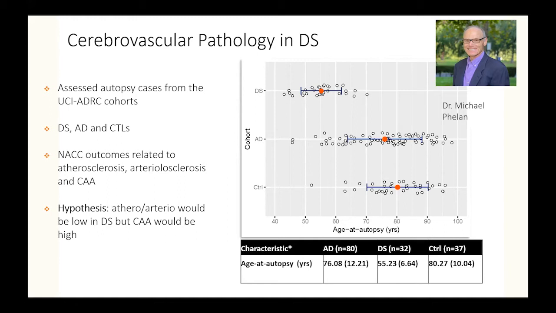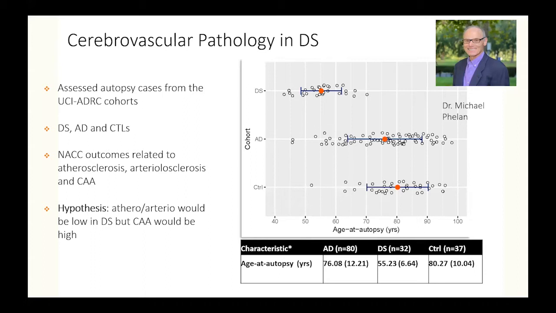We focused on controls, non-demented elderly controls, late onset Alzheimer's disease, and our autopsy cases with Down syndrome. Something I really want to highlight, which is a challenge throughout this research, is that the brains of people with Down syndrome are much, much younger than late onset Alzheimer's disease and controls.